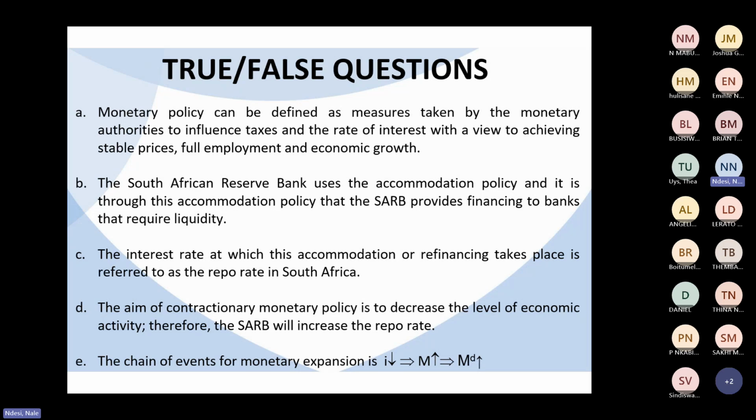So let's go to the next question. The South African Reserve Bank uses the accommodation policy, and it is true, this accommodation policy, that the South African Reserve Bank provides financing to banks that require liquidity. Is the statement true or false?